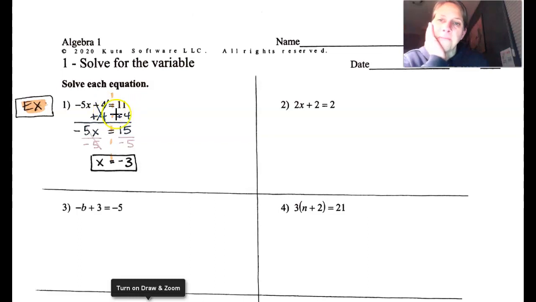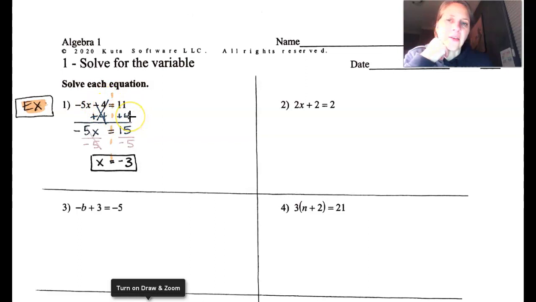So you'll see that we have to undo the negative 4. So in doing that, we added 4. Because we added 4 here, that meant that we had to add 4 to the other side. Negative 4 plus 4 cancels that out. So that was intentional. The reason that I added 4 was because I wanted to get rid of this negative 4.